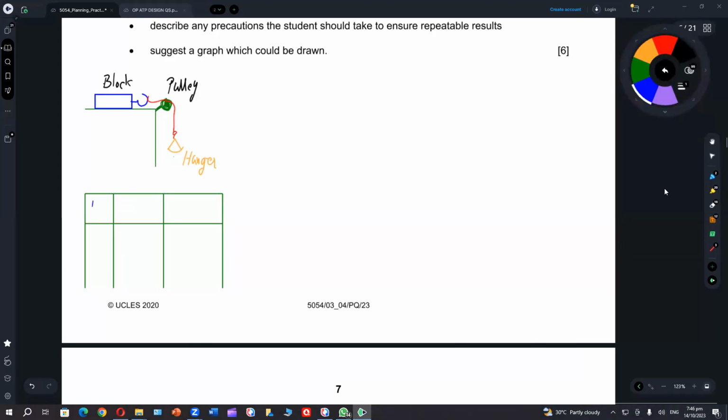And this is the serial number 1, 2, 3, 4. And I have mass of block in gram, and the force in Newton.